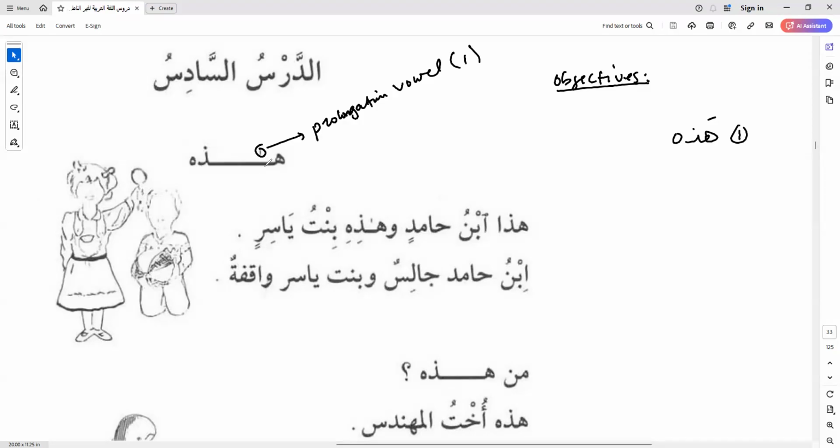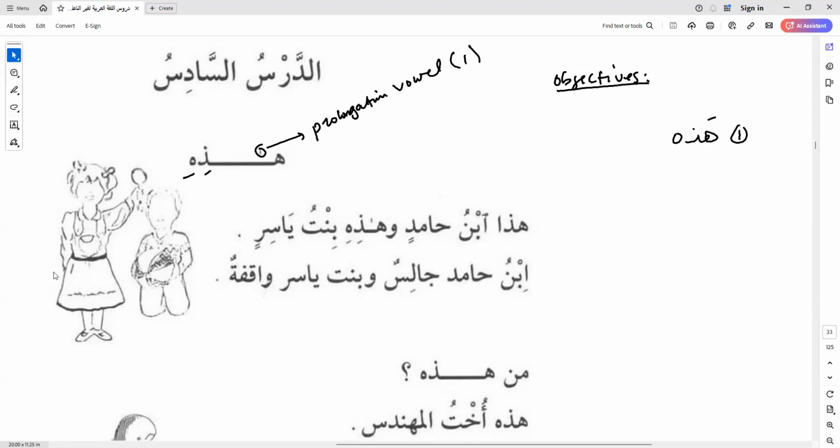However, by default, you have to say هذه. So هذه is one of the Arabic words that are pronounced differently from the way they are written.